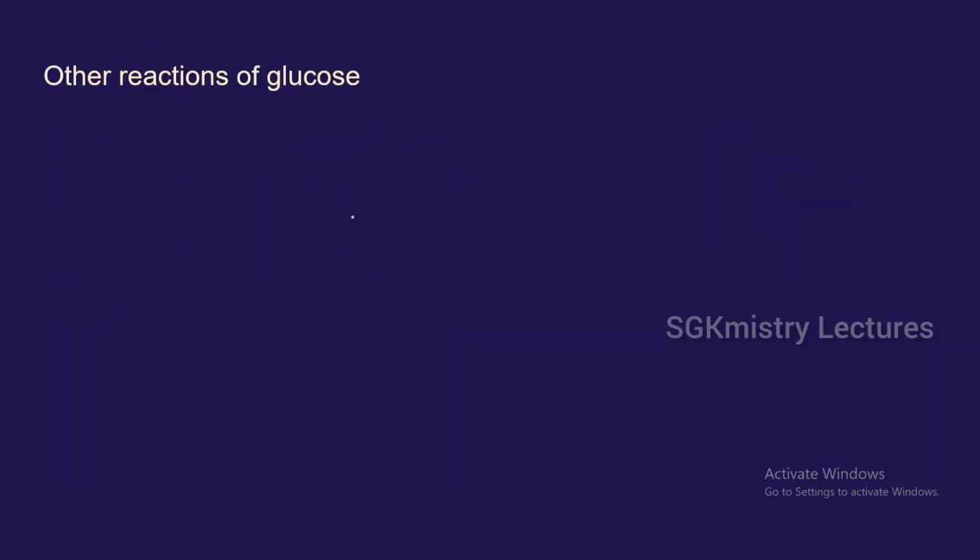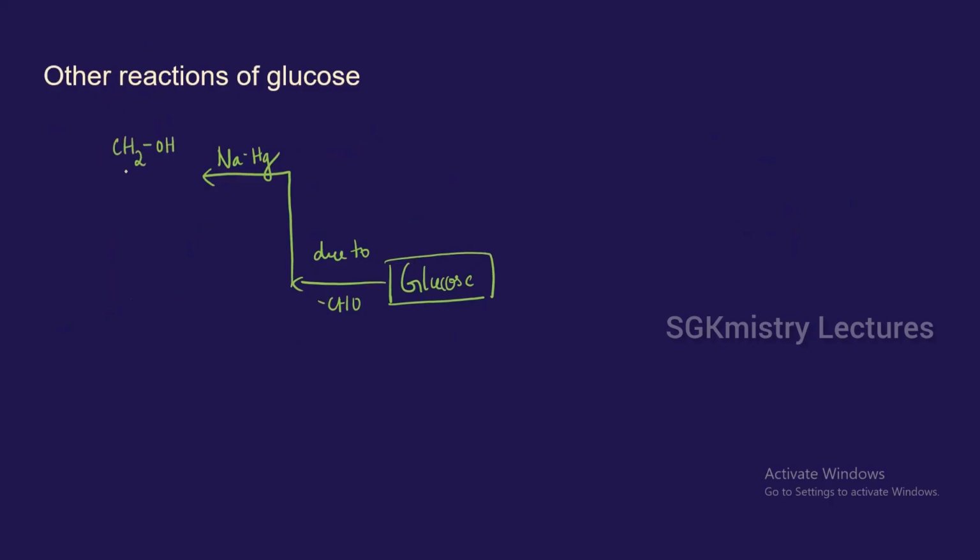Now coming on to the other reactions of glucose. Let me write the reactions for glucose. First, let us see, due to the aldehyde group, what are the various reactions that are shown. First, if you treat it with sodium amalgam, you can see that there is reduction.